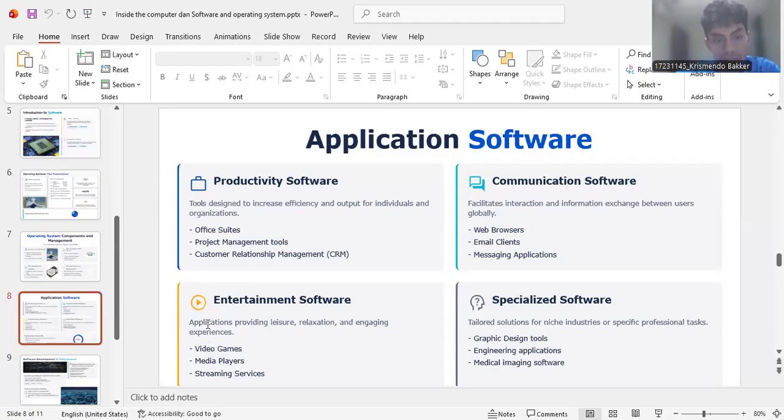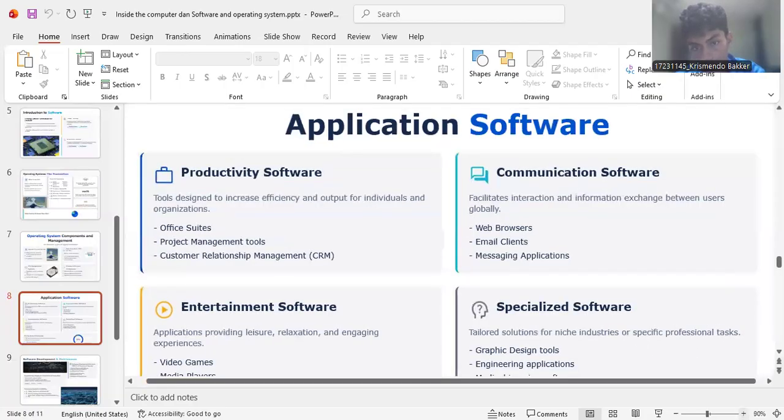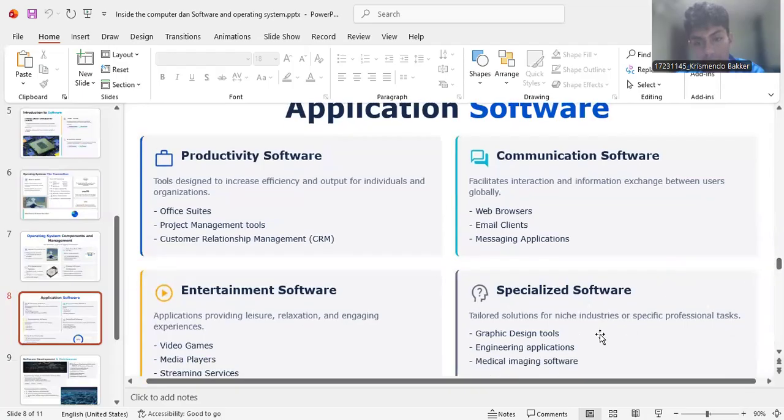Entertainment software: applications providing leisure, relaxation, and engaging experiences, such as video games, media players, and streaming services. Specialist software: tailored solutions for niche industries or specific professional tasks, such as graphic design tools, engineering applications, and medical imaging software.